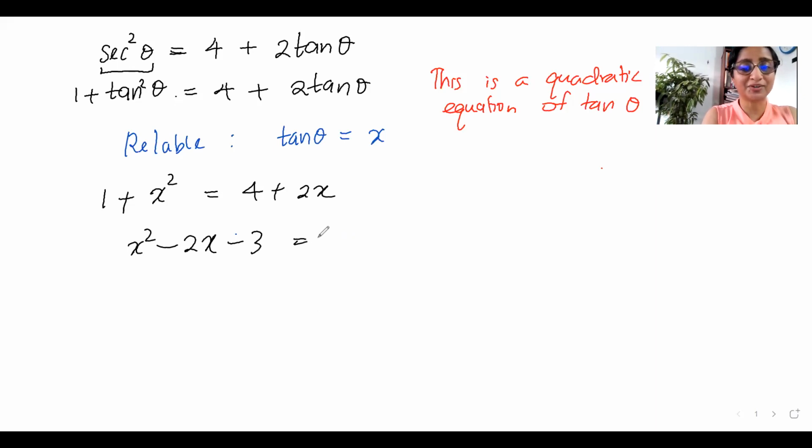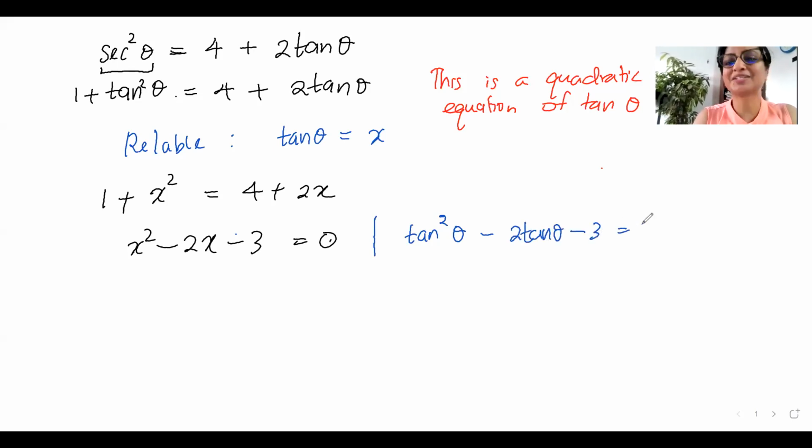equals 0. See, if I didn't do the relabeling, if I just worked with tan theta, this is actually what it would look like: tan squared theta minus 2 tan theta minus 3 equals 0.